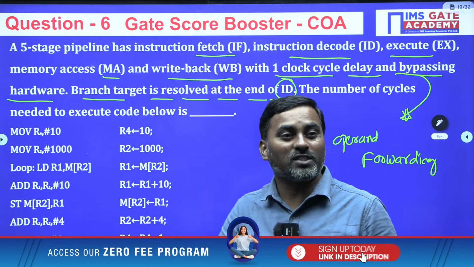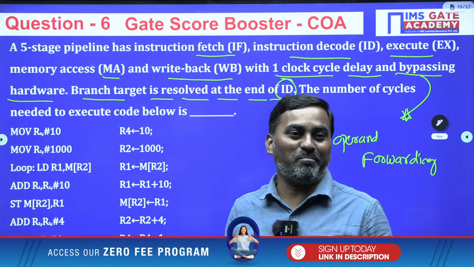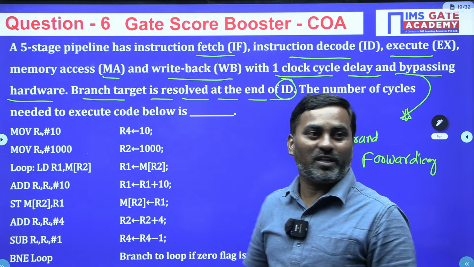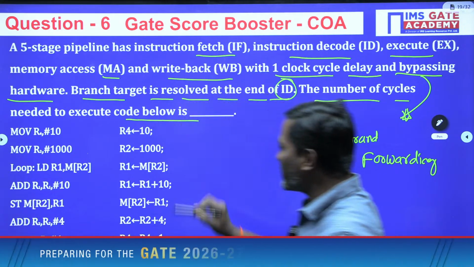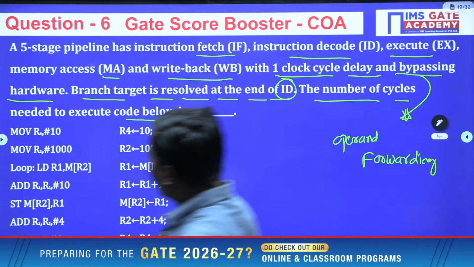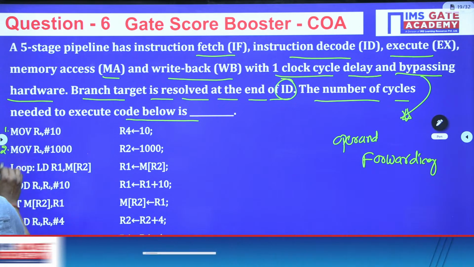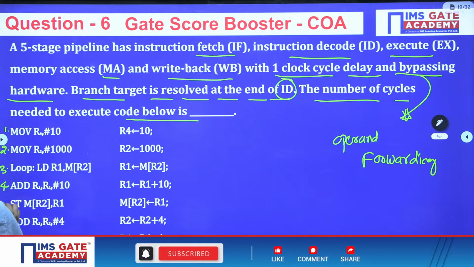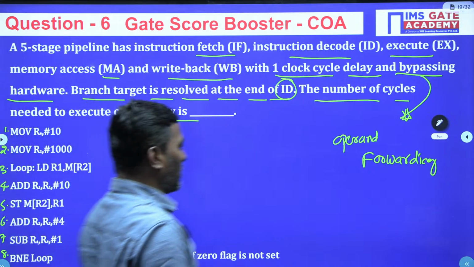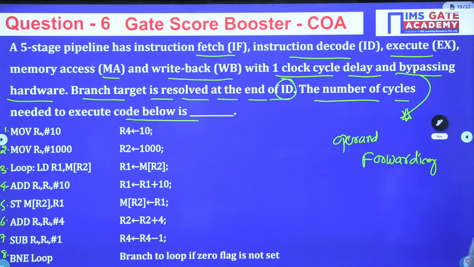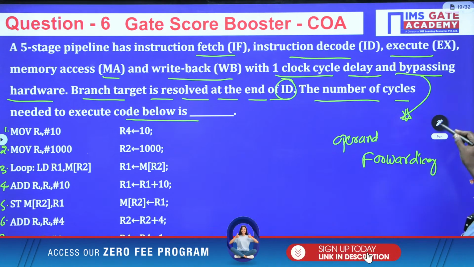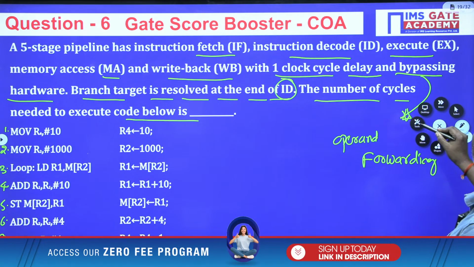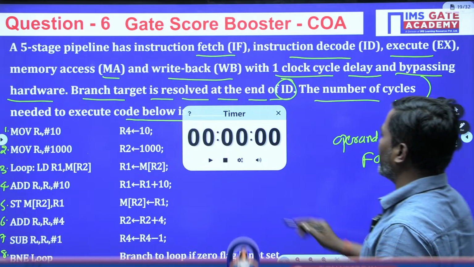So control hazards are also resolved early by decoding. The number of cycles needed to execute the code is dash. The code is given, with instructions numbered 1 to 8, a total of 8 instructions. I will give you 3 minutes to solve it. Tell me, try to attempt it, all of you.